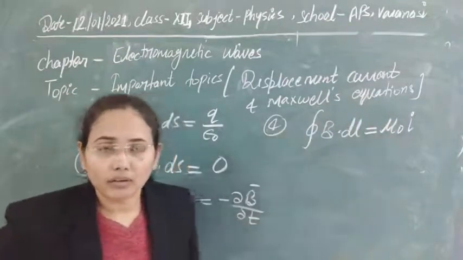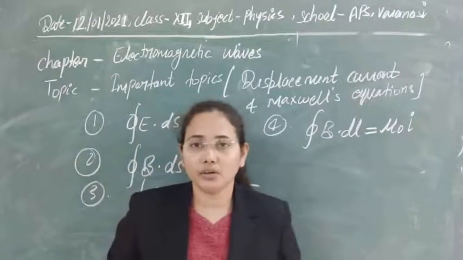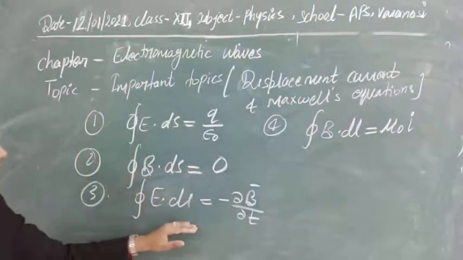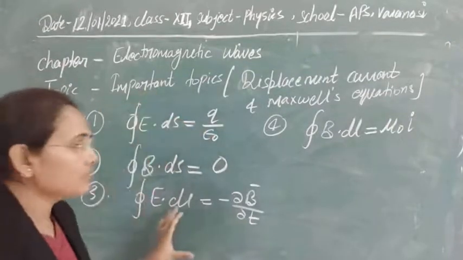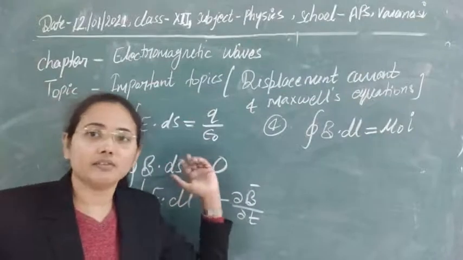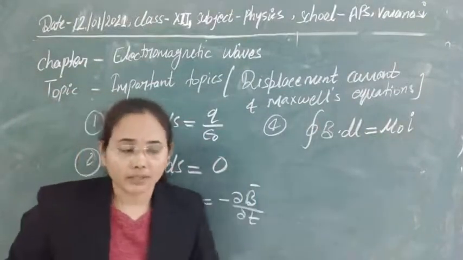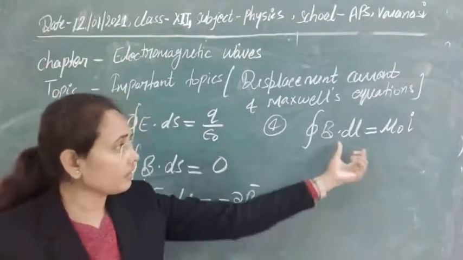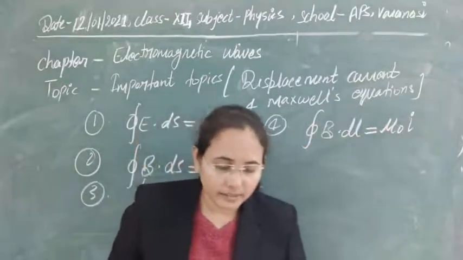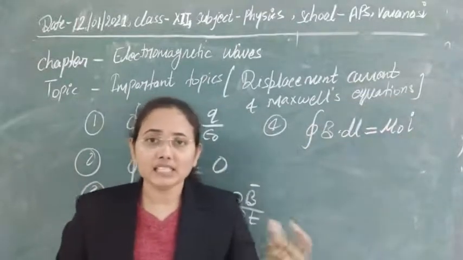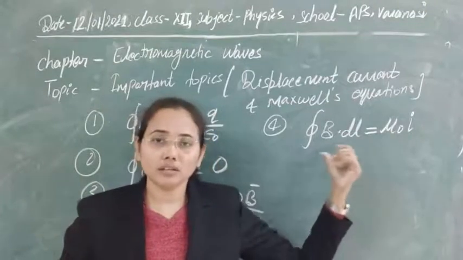Now why did we need a modification in Ampere's law? Maxwell took the other three laws in his equations as they were, but he modified Ampere's law. The reason is that Ampere's law is valid only for steady currents, but whenever there is a variation in current, this law is not valid.